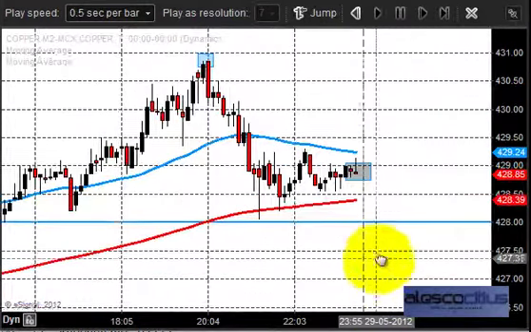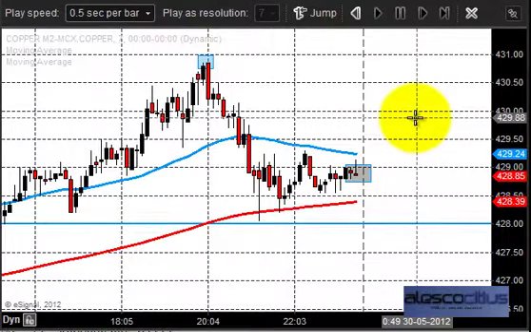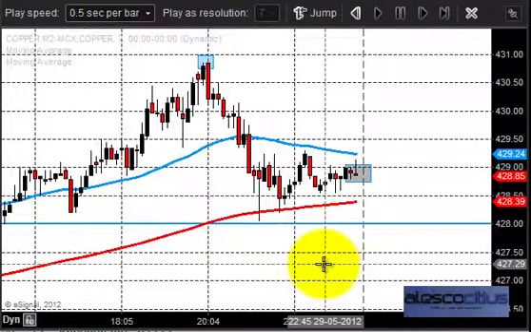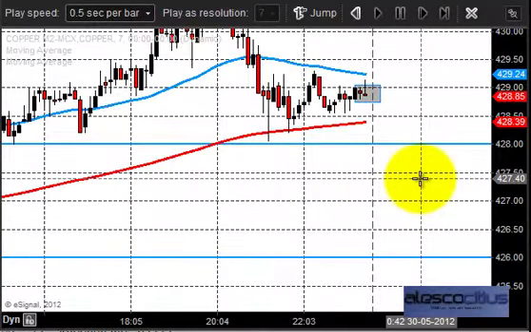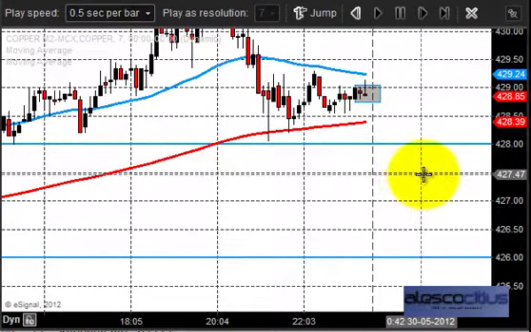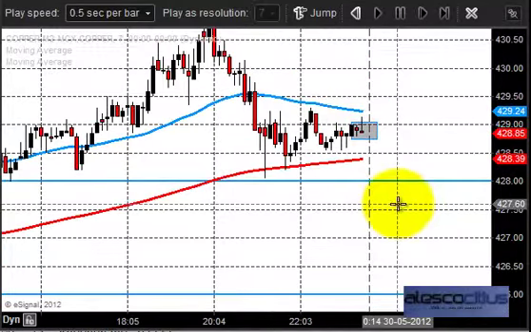But if the price is going to open above 428 and 429, based upon the currency value alone, not taking COMEX copper price into consideration, then you can go for a buy. But we are expecting copper to open below 428, around 427.5 to 427. So that is the reason we are targeting the price to move lower.